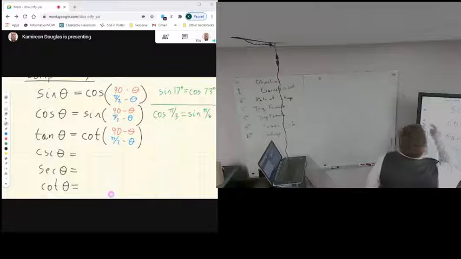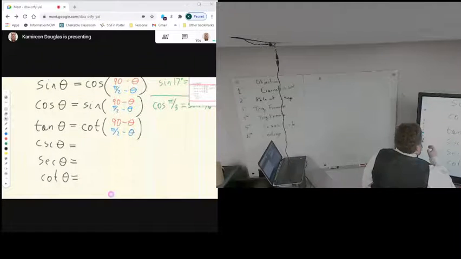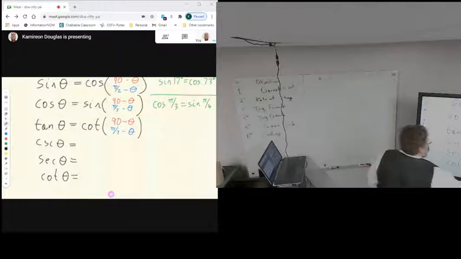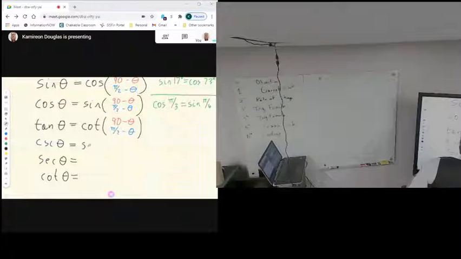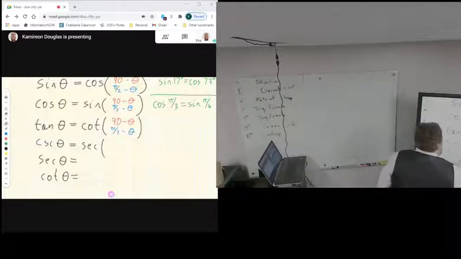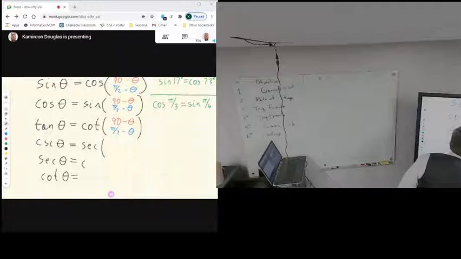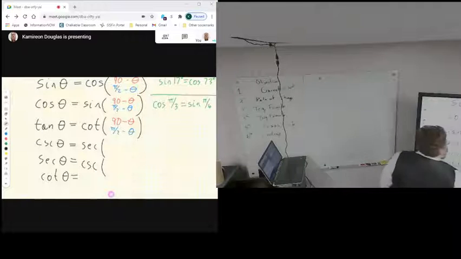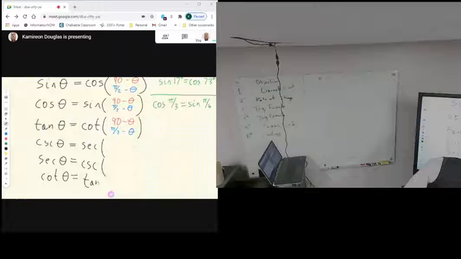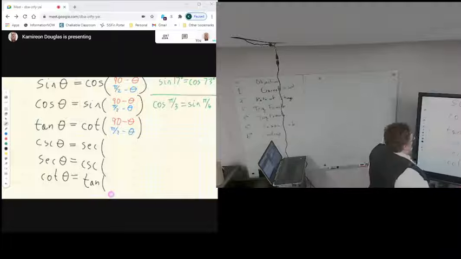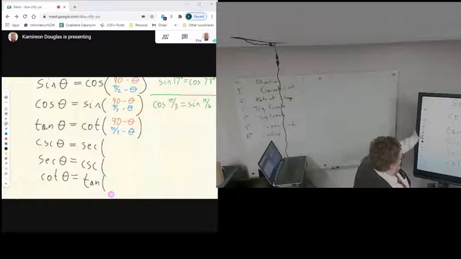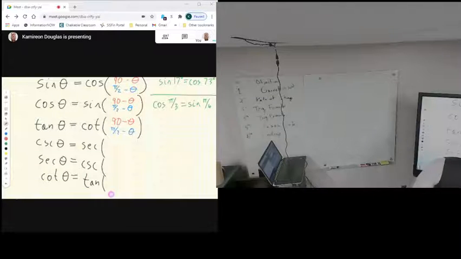Cosecant, secant, and cotangent follow the same basic pattern. Cosecant is equivalent to secant of those two categories. Secant is equivalent to cosecant of those two categories. Cotangent is equivalent to tangent. You notice that all of these fit similar forms because that's how these complements are designed to work.